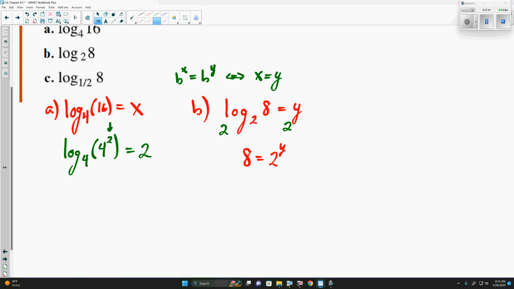Now at this point here, you may be able to see what value y is, because 2 to what power is 8? It would be 3. So y is 3. Because we could have gone on in the step before and rewrote 8 as 2 to the 3rd. So we could have said 2 to the 3rd is equal to 2 to the y. So y has to be 3.